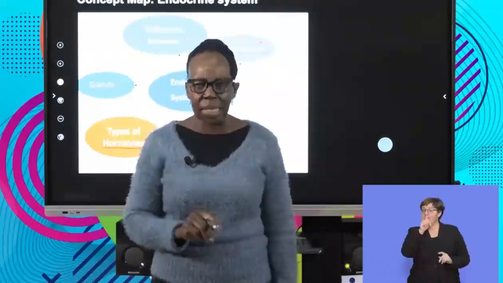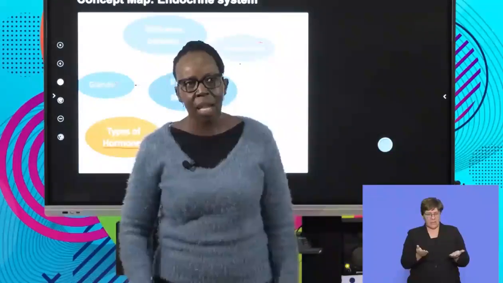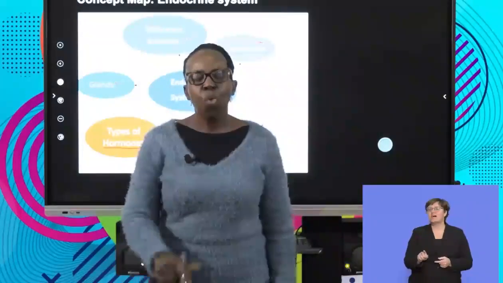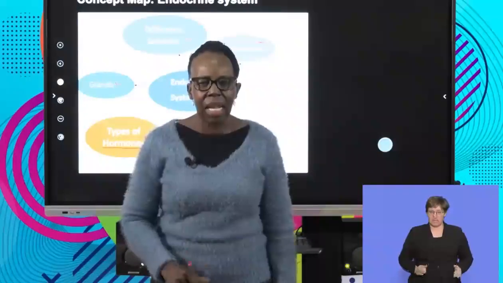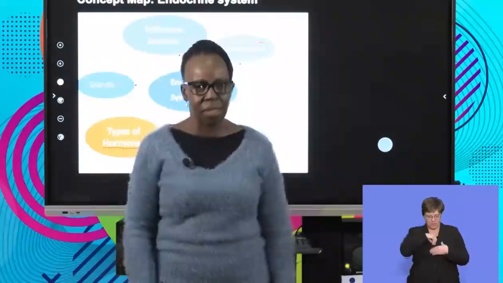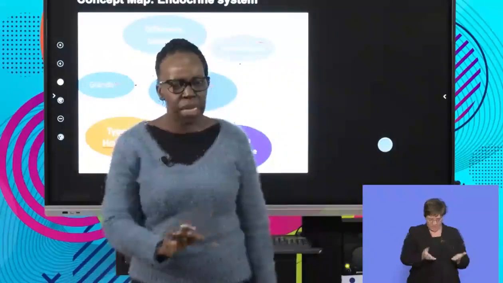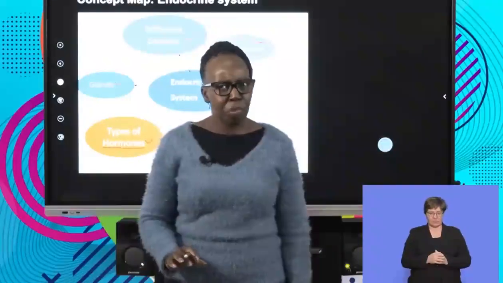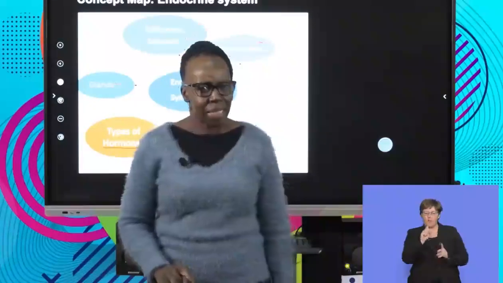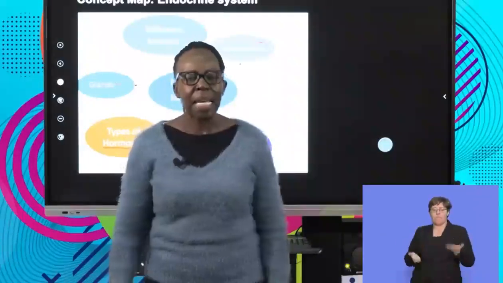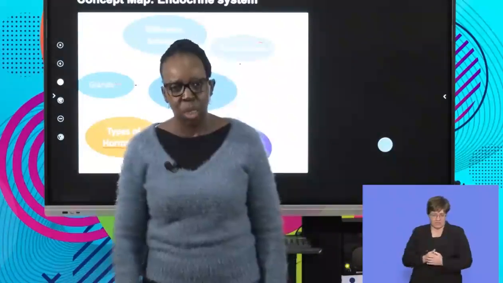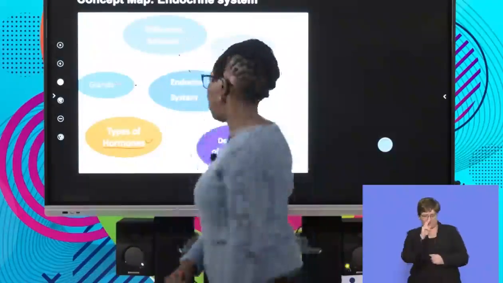Homeostasis is nothing else but the process whereby the body gets the internal environment balanced. So we are going to look at different factors that the body balances and how it balances its internal environment independently. So let's continue now.